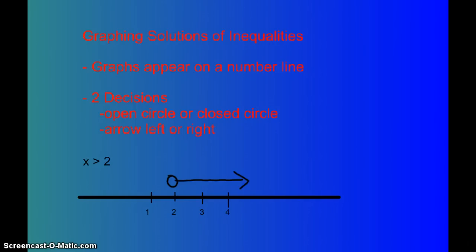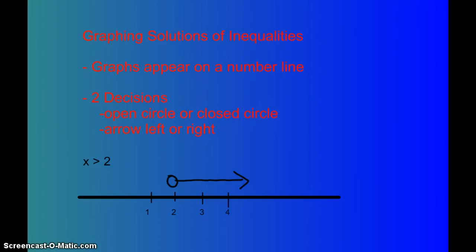When we look at our example of x is greater than 2, our first decision we need to make is whether it's an open circle or a closed circle. How we decide that is that idea of inclusivity again. In this case, we are not including 2 because it's x is greater than 2, not greater than or equal to. It is greater than. So we are not including 2. That means we're going to have an open circle. An open circle is not included.